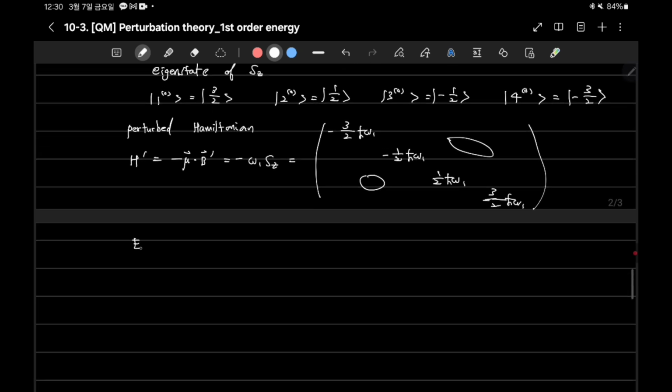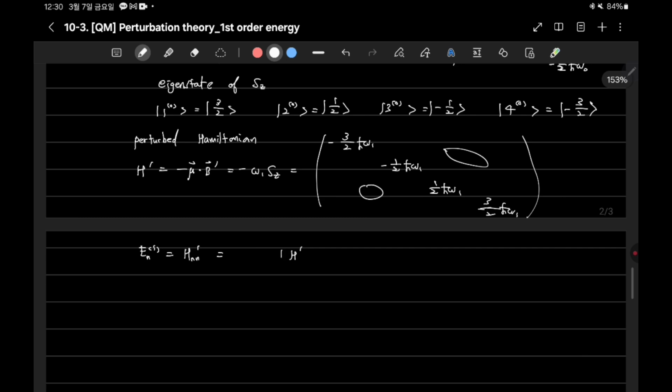Then the first energy correction is Hn prime, so it is H prime in the basis of H0 n0.